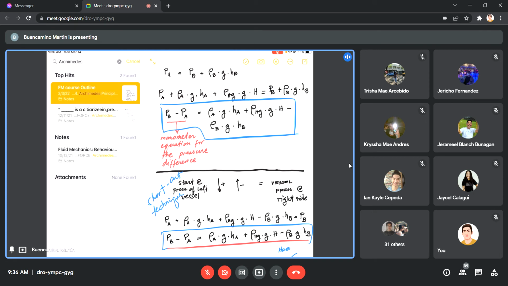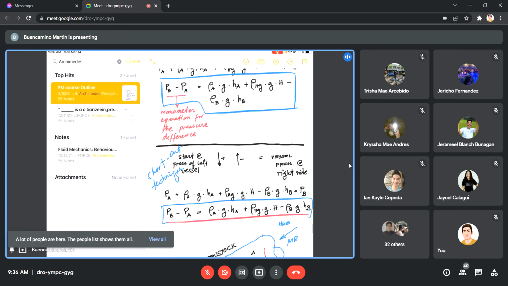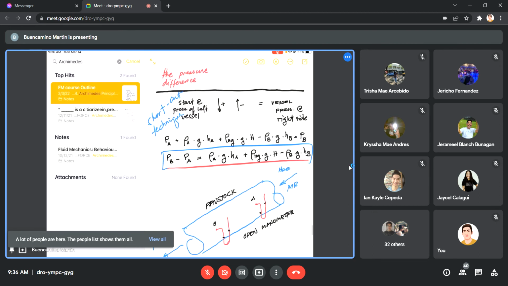No? O, ganito, yung shortcut ko, this is my own method. Yan, meron akong tinatawag na parang sign convention. Mag-start ako at pressure of left vessel. And then, pag bumaba ako, ang equation ko is positive. Pag tumaas ako, ang equation ko ay negative.